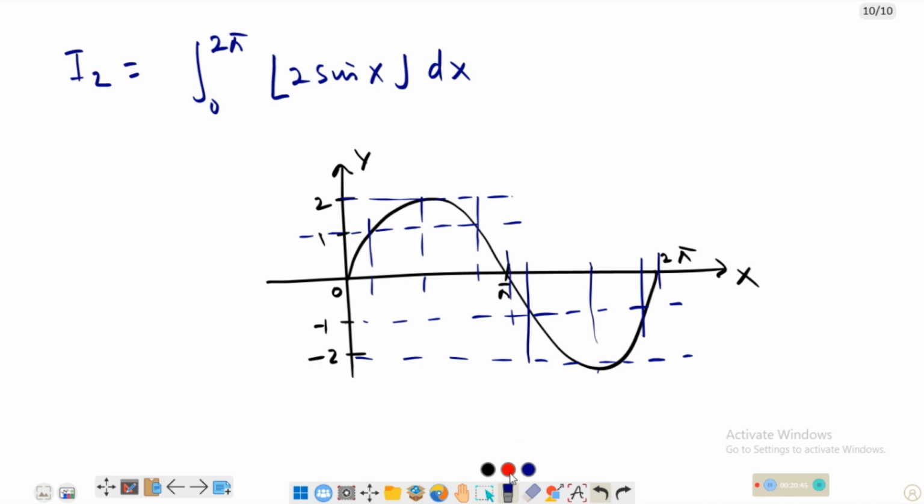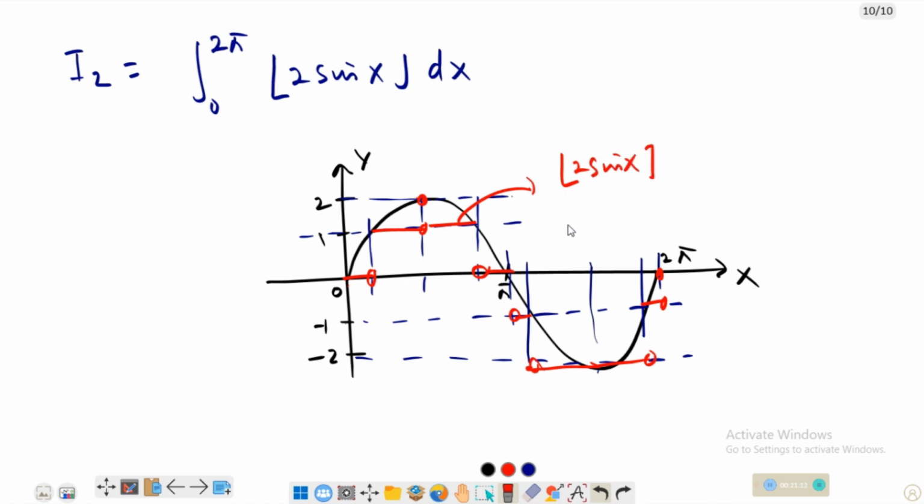The greatest integer takes the lower projection of the graph. So this is greatest integer of 2 sin x.